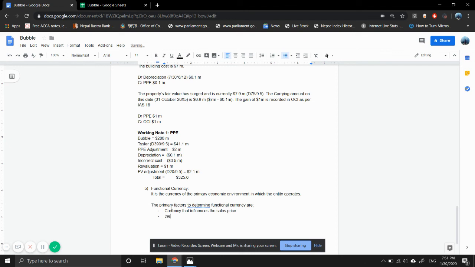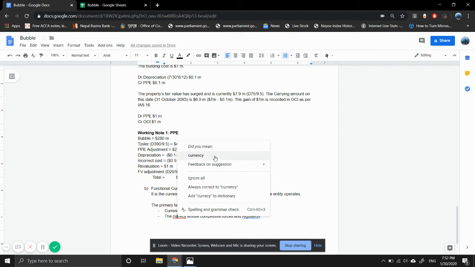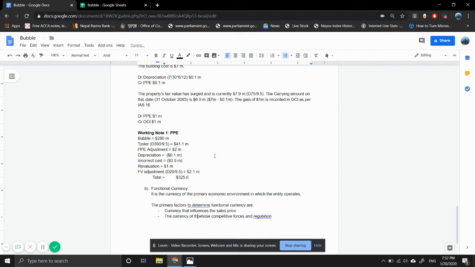Second thing is the currency whose competitive forces and regulations, the currency of the country, competitive forces and regulation affect the sales price.